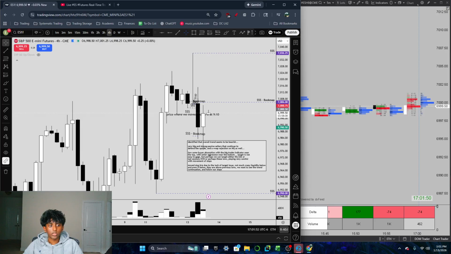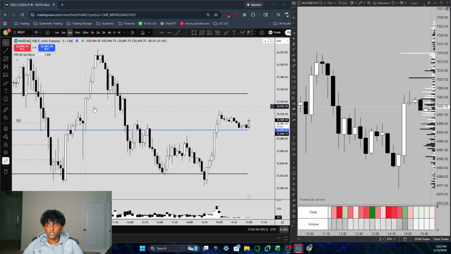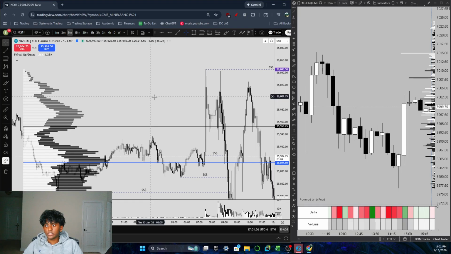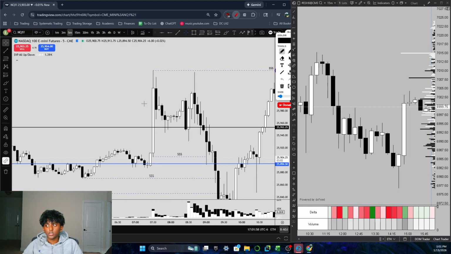If you take a look at NQ, as you can see here, we create these highs with NQ, and then right after market open we revisit those highs, and after revisitation of those highs, that's when we start to see that insane negative downwards pressure that we have for the day. So that was our main bias.